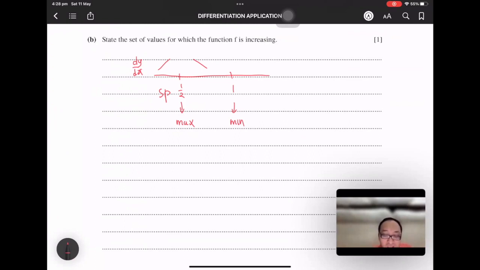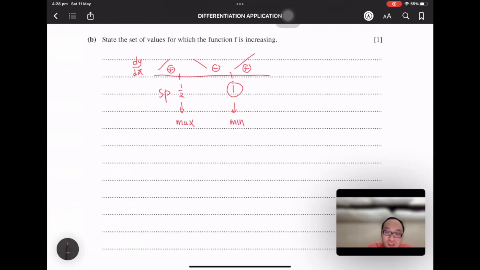And for the second stationary point, when x equals 1, it is a minimum. So before the minimum point, it is a decreasing function. The gradient is negative. After the minimum point, the stationary point, the gradient will be positive, increasing.